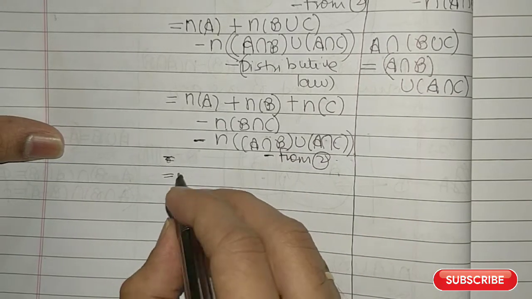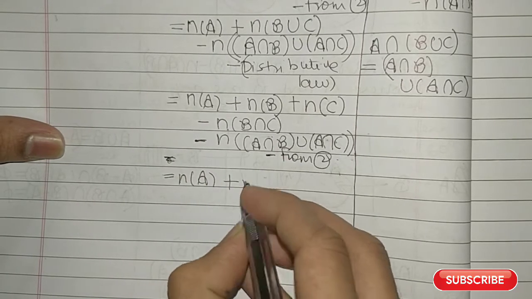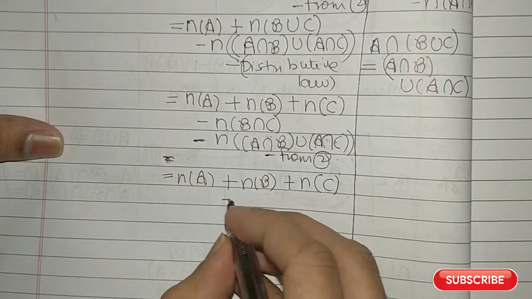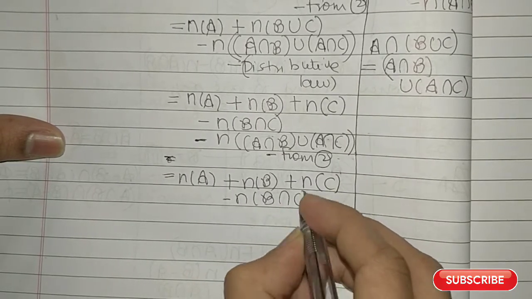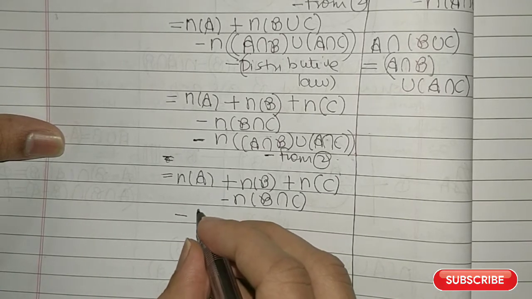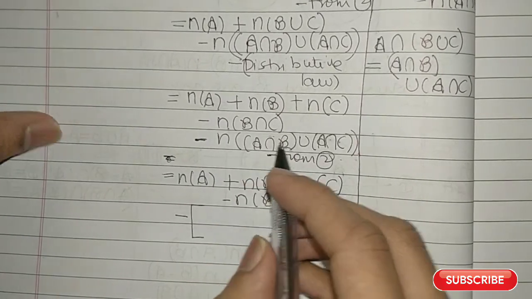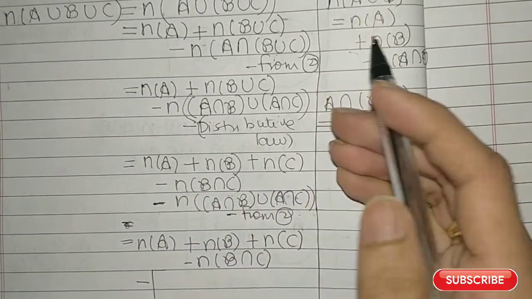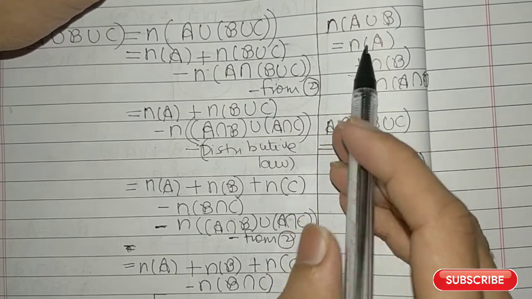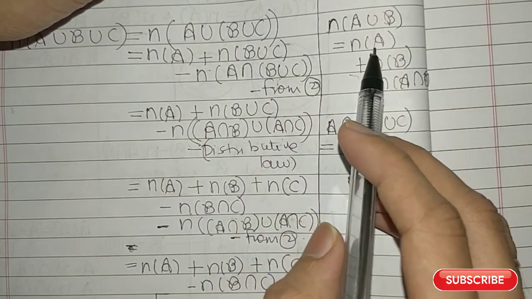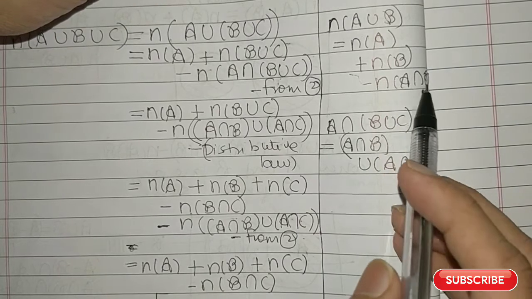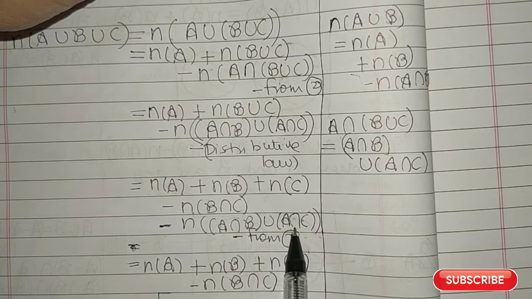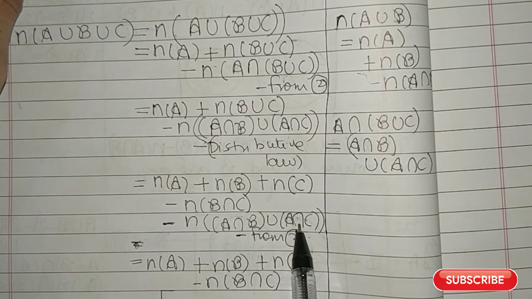So what we will get is n(A) plus n(B) plus n(C) minus n(B intersection C) minus, see, formula number 2 is here: n(A union B) is equal to n(A) plus n(B) minus n(A intersection B). So A corresponds to A intersection B and B corresponds to A intersection C.